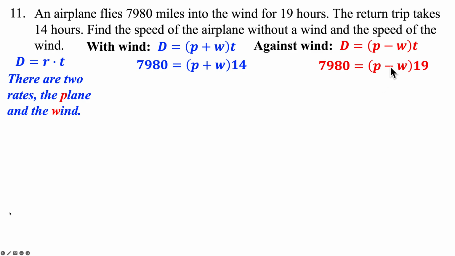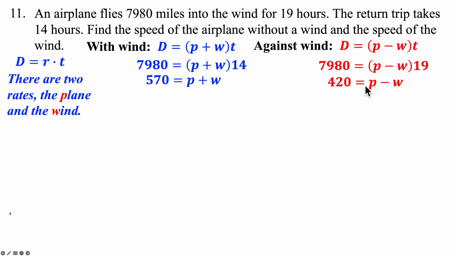I would like to keep it that way. Since this is times 14, let's divide 14 into 7,980. Calculator told me 570. Do the same thing with the 19. Divide it in. 420. Now, if this didn't divide in nicely, then I'm going to multiply those in. But predominantly, these always divide nicely.